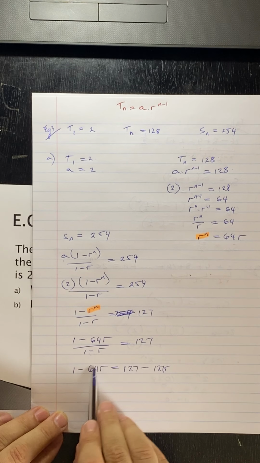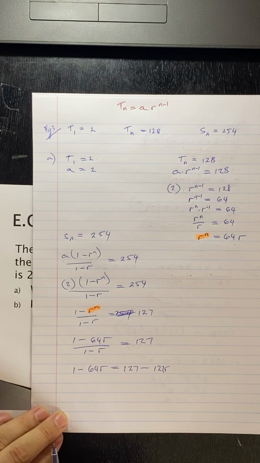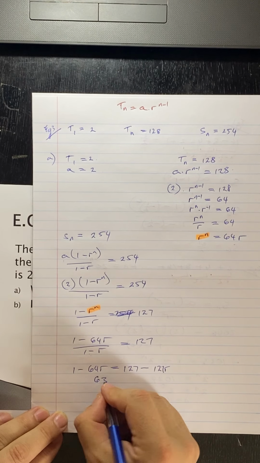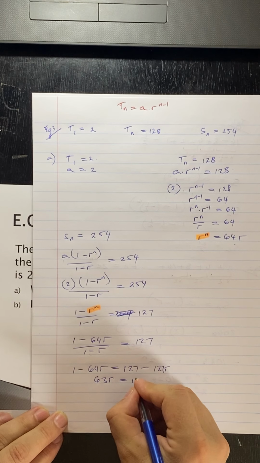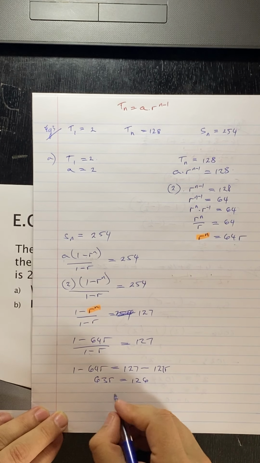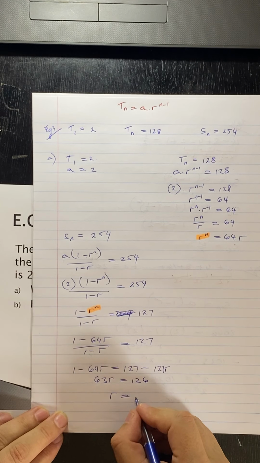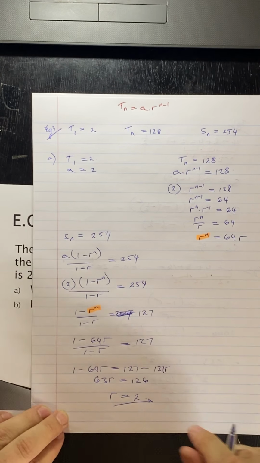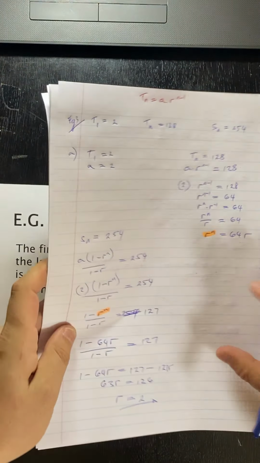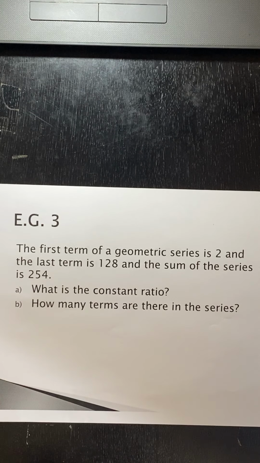Take the 127r to that side and the 1 to that side, and we get 63r is equal to 126. Divide by the 63 and we get r is equal to 2. And that's what they wanted. What is the common ratio?